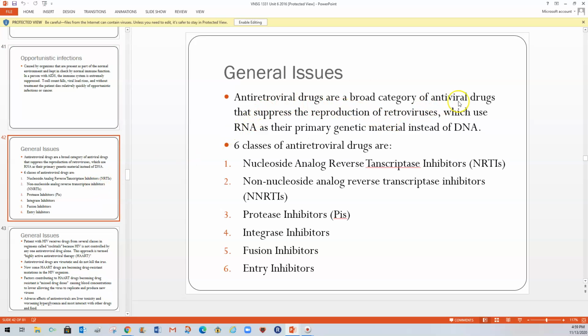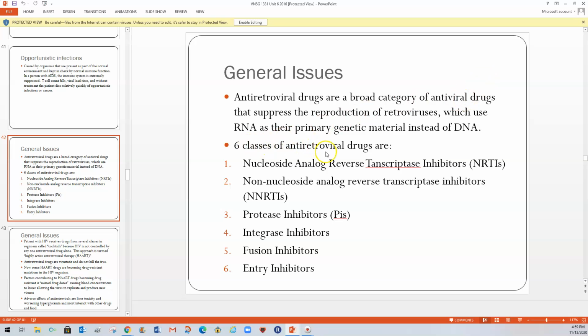Antiretroviral drugs are a broad category that suppress the reproduction of retroviruses, which use RNA as their primary genetic material instead of DNA. And that's what we're dealing with now with this coronavirus.